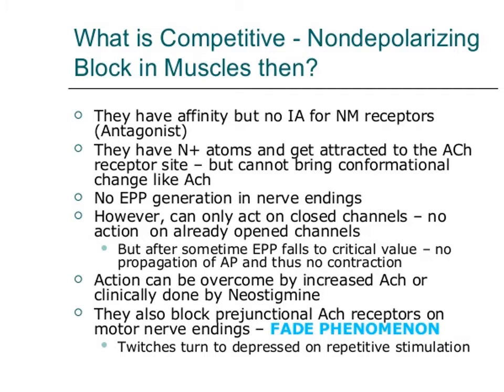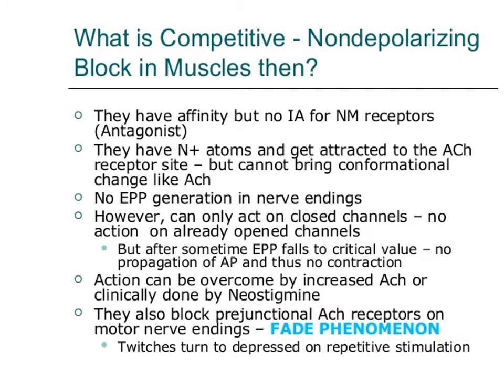Number one is they have affinity, but they have no intrinsic activity for the neuromuscular receptors. It means that they are antagonists. You have knowledge of what is agonist and what is antagonist. You know that antagonists have affinity for the receptor, but no intrinsic activity. It means that it cannot produce a conformational change in the receptor.